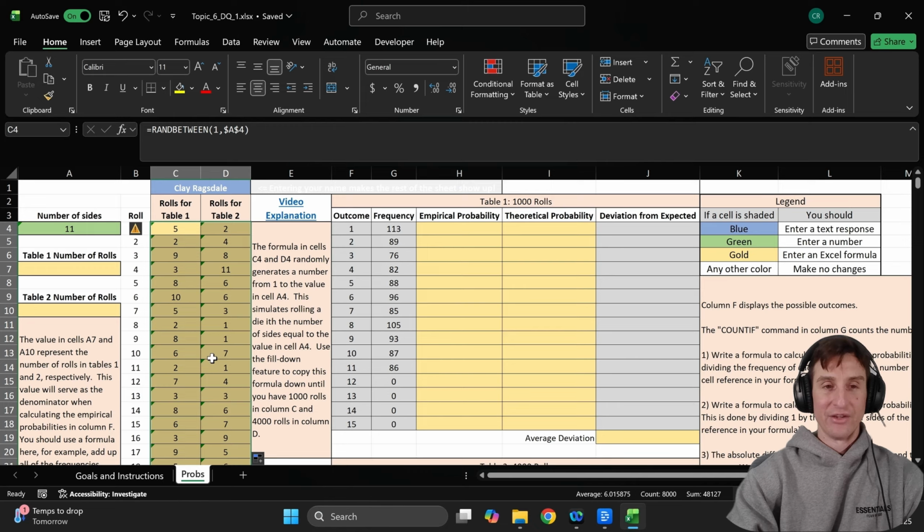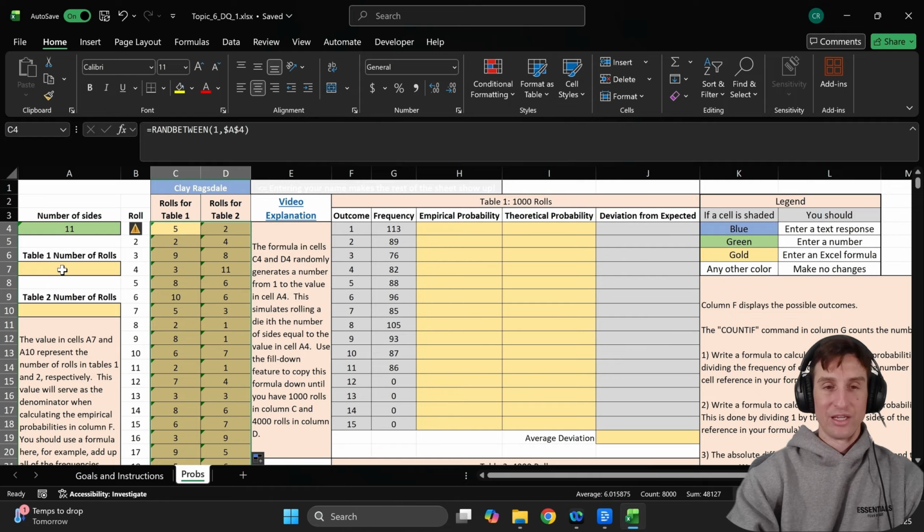And if you scroll down, you'll notice that there are going to be 4,000 terms now generated for table 1, but when it comes to actually calculating things, it's only going to look at the first 1,000. So it works out in our favor. And for table 2, it will do the full 4,000. So again, highlight, go to the corner, get the black cross, do not drag because that'll take a while, and just double click and it will appear.